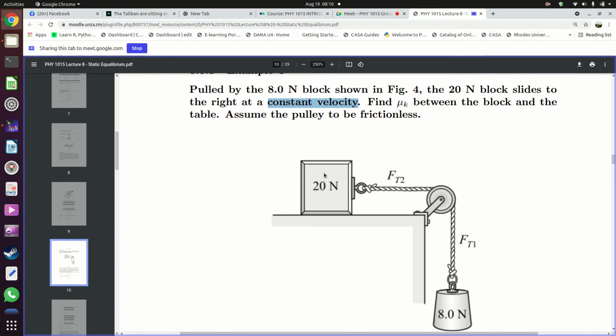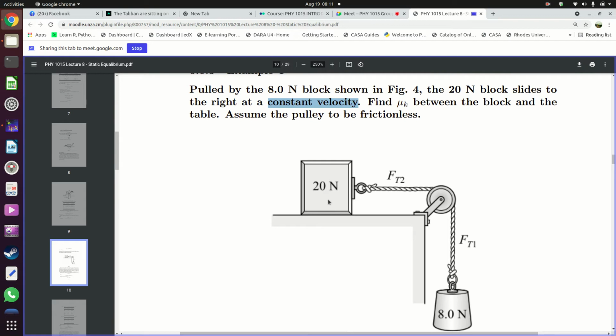When you look at an object, you have to identify that this particular object has got weight. So you indicate on your notes that there's weight pointing down. Then there is this table pushing back against this object.